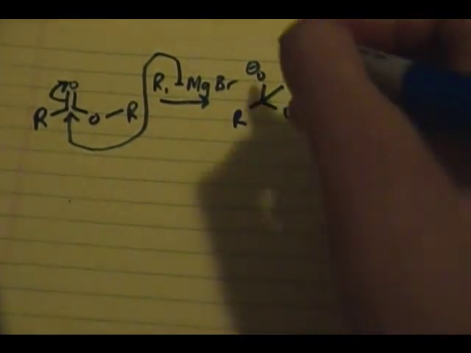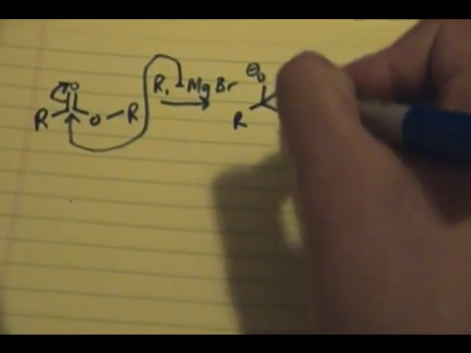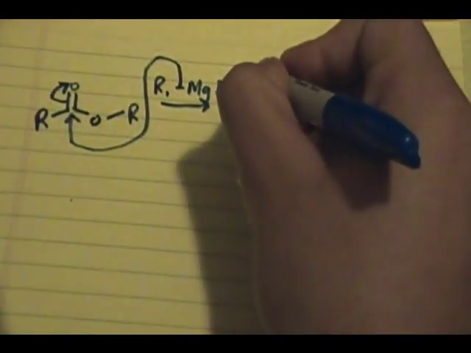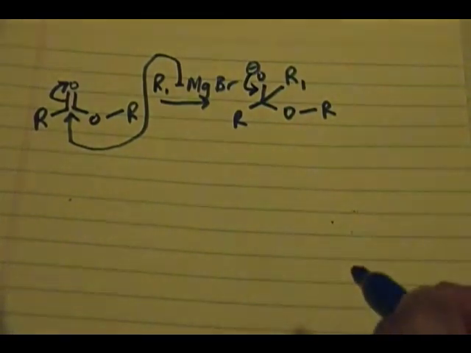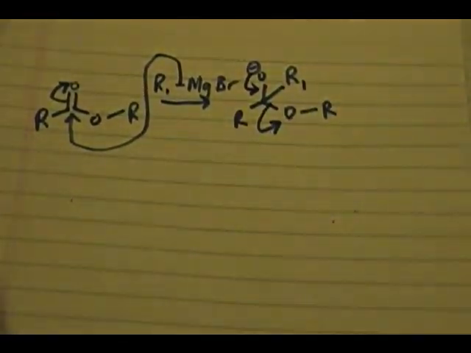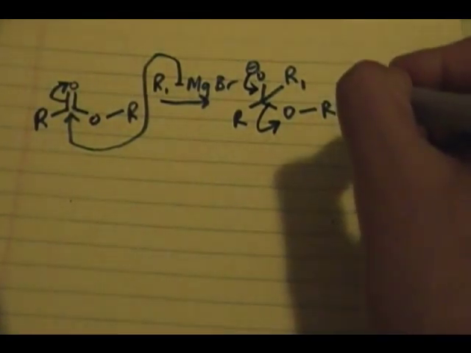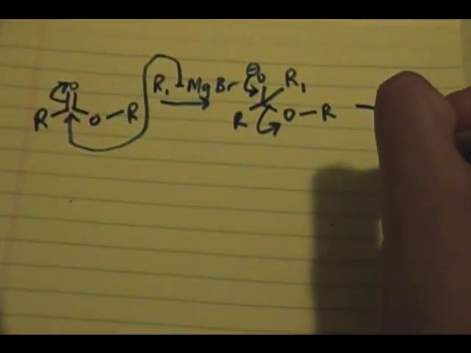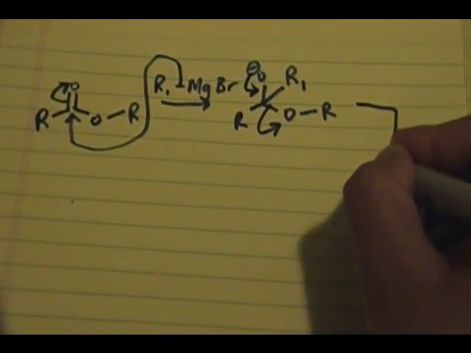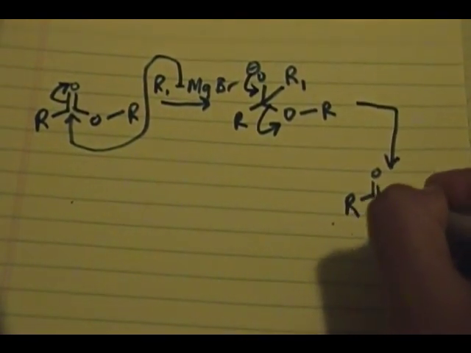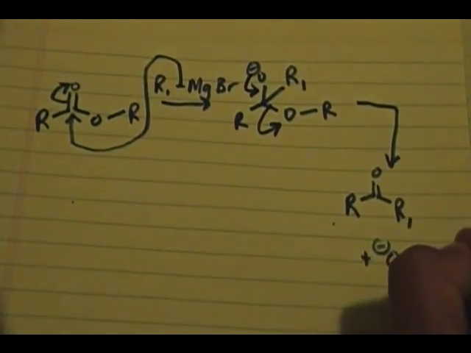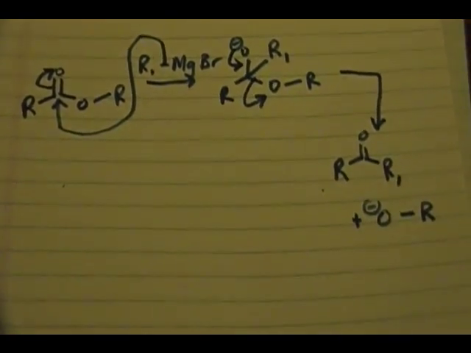Now what happens is that you reform the carbonyl while kicking out this OR group. So you'll form the carbonyl again, and you'll kick this off. So what your result is from this step is you have a ketone plus O minus R. But you cannot stop right there.